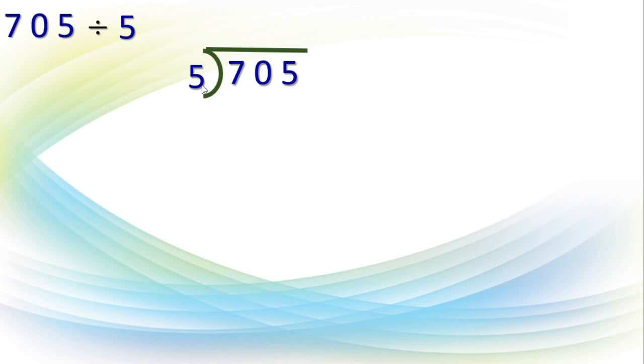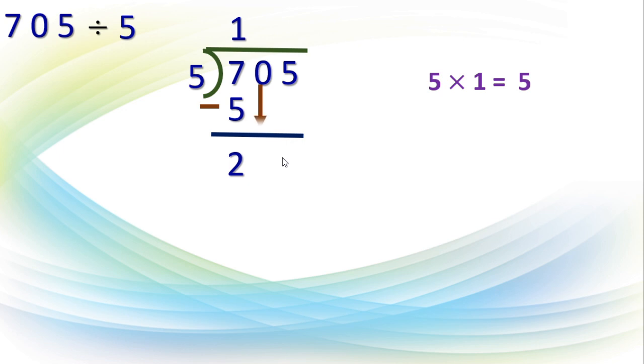Now we will go through the 5 times table, that is 5 ones are 5, right? 7 minus 5 is equal to 2. Now 2 is smaller than 5, so we will take this 0. See, don't leave this. It has a value because it is in between these two numbers. So we will take this 0 down.